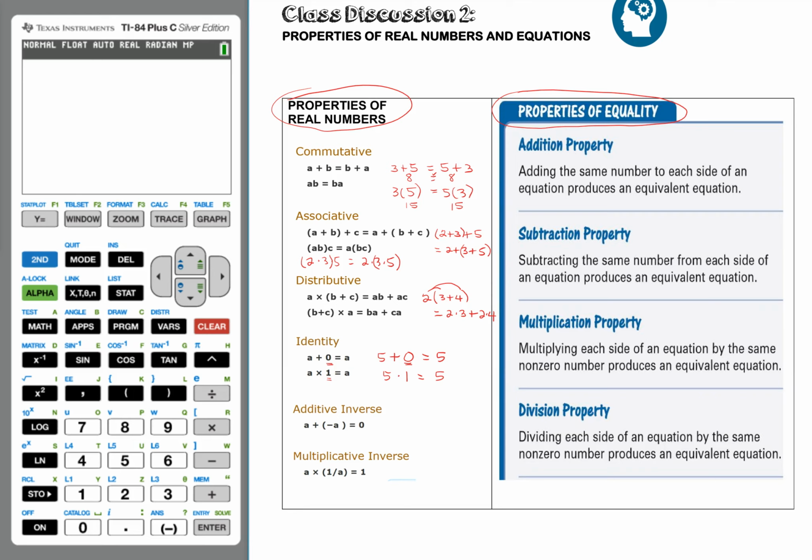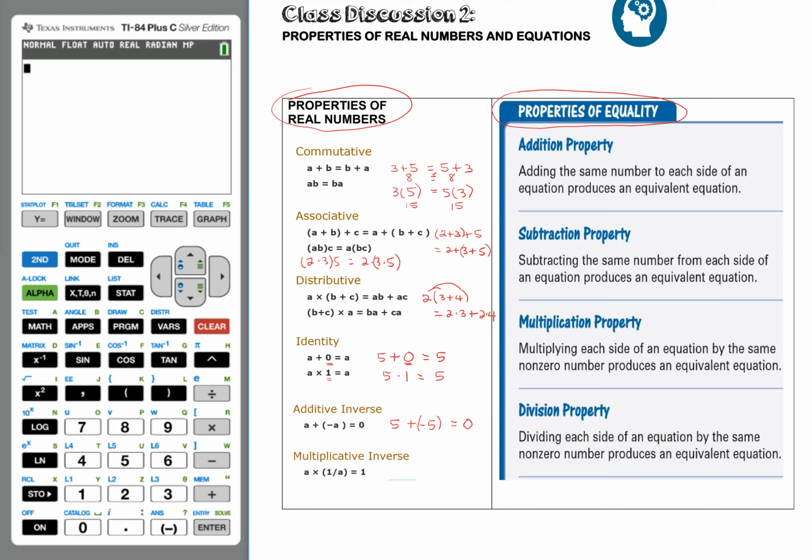And then we have the additive inverse. Additive inverse means when you add its opposite, it gives you the identity, which is 0. So the additive inverse of 5 is negative 5. When you add them, this gives you 0.